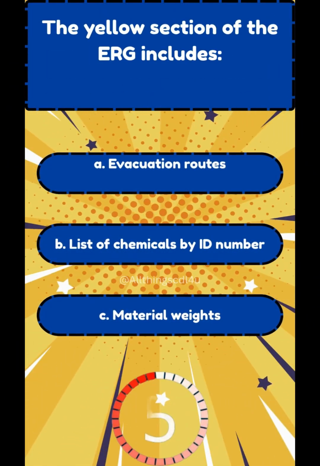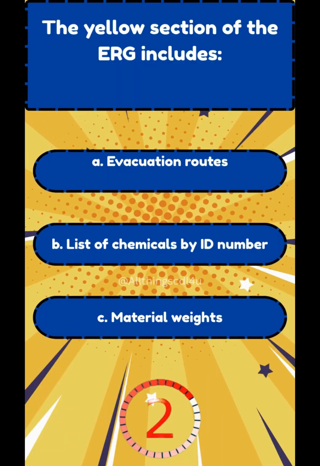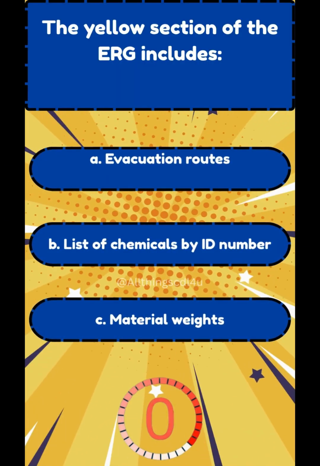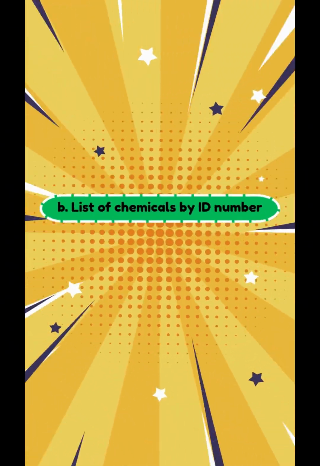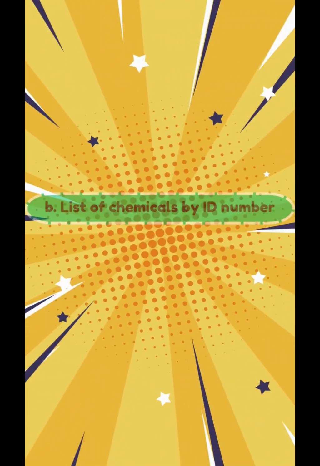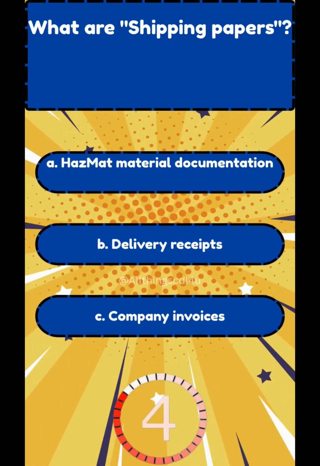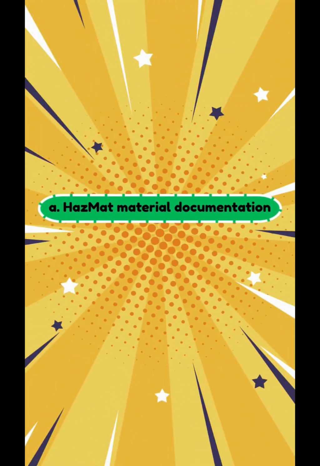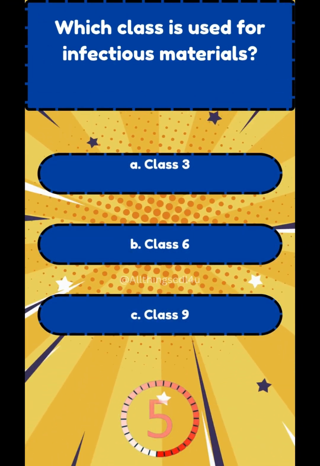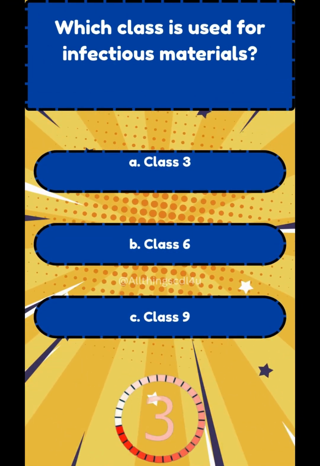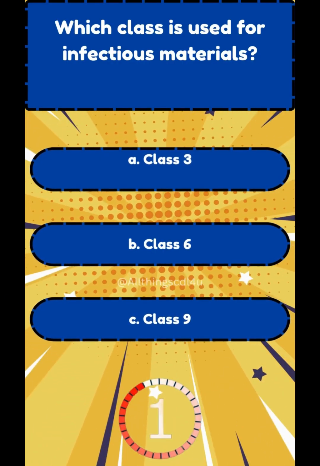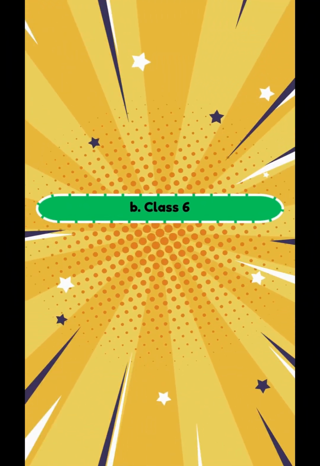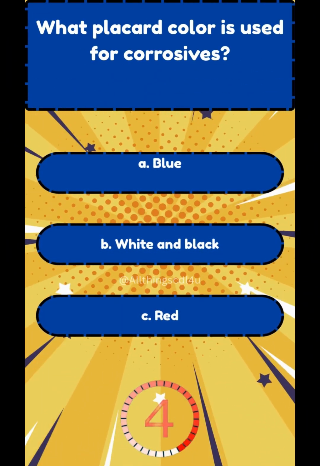The yellow section of the ERG includes what are shipping papers? Which class is used for infectious materials? What placard color is used for corrosives?